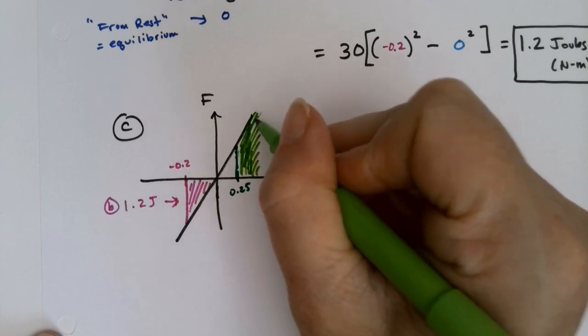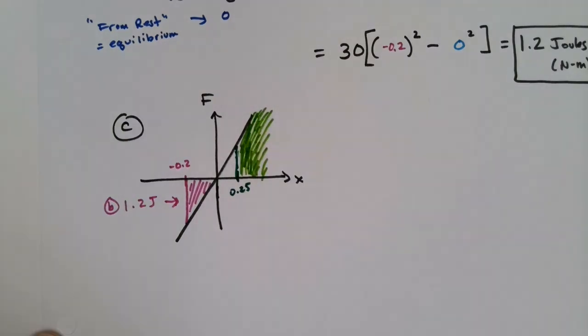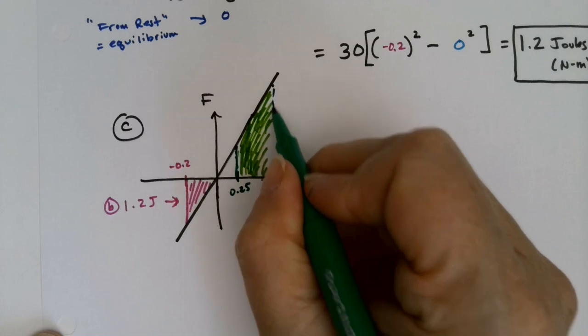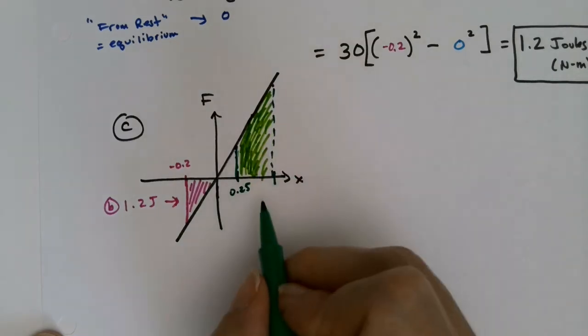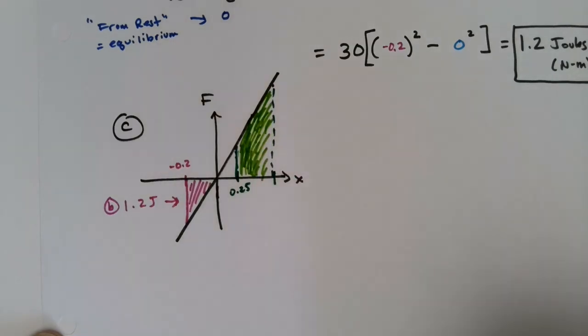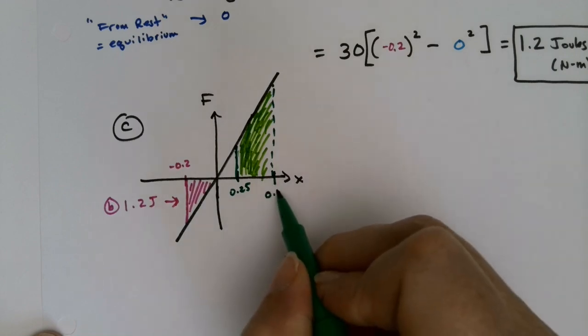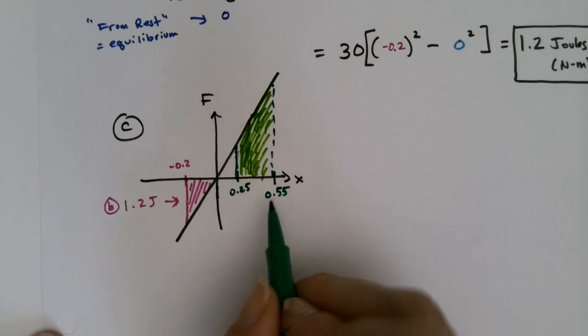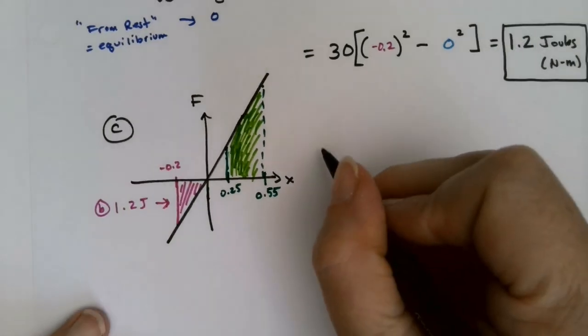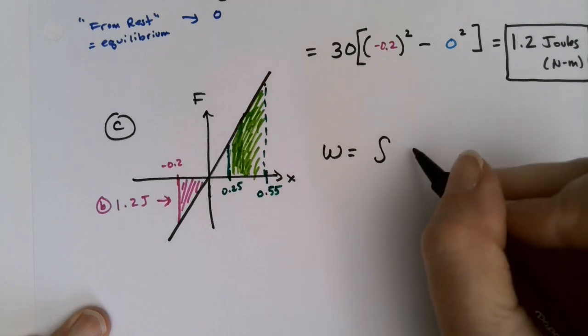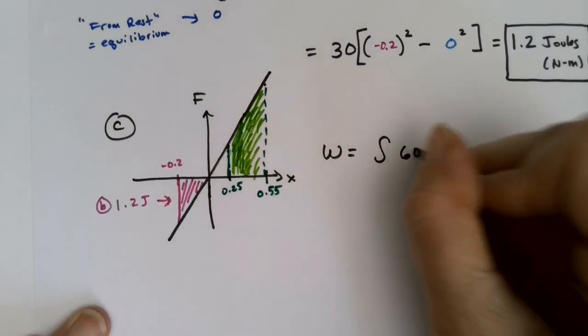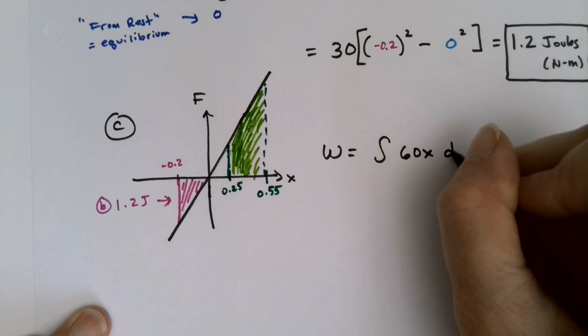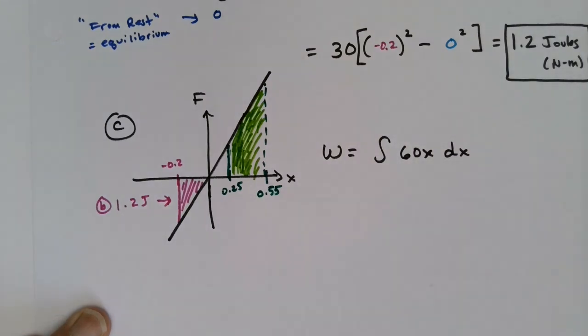This is not really to scale, but bear with me here. Keep going with that force. And I want to go 0.3 meters past that, to this new number. Okay, so this is going to be 0.55 because it's 0.3 meters past 0.25. So then the work is equal to the integral, and we already know it's 60x. I mean, that we already determined for this particular spring. Every spring has its own K, and this one was 60.